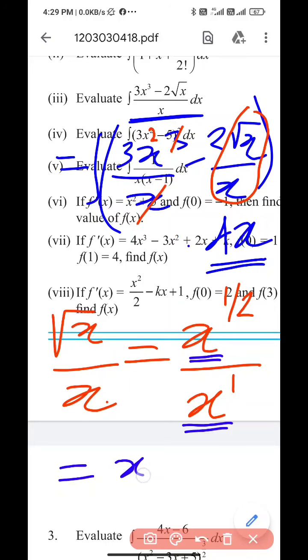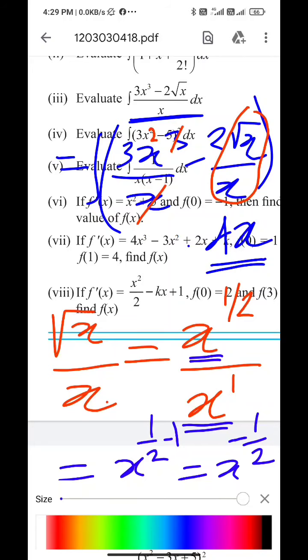So x raised to 1 by 2 minus 1 is going to become x raised to minus 1 by 2, right? And this is going to be x square.